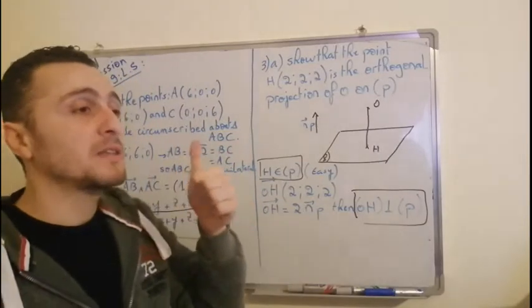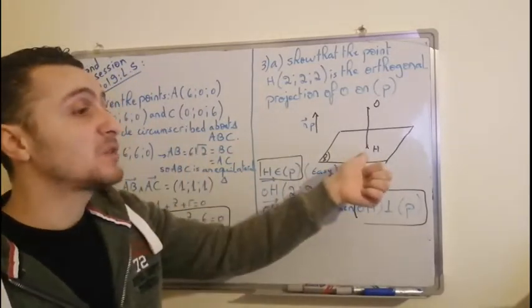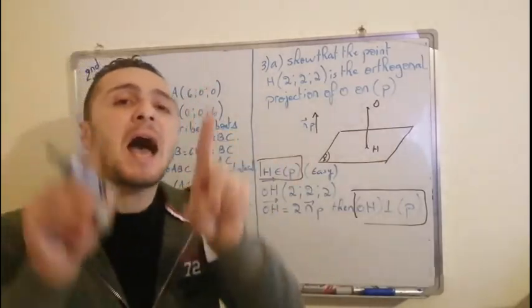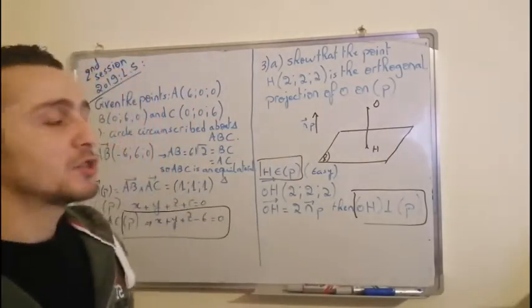The first one is the point H belongs to P, and the vector OH and NP have the same direction.